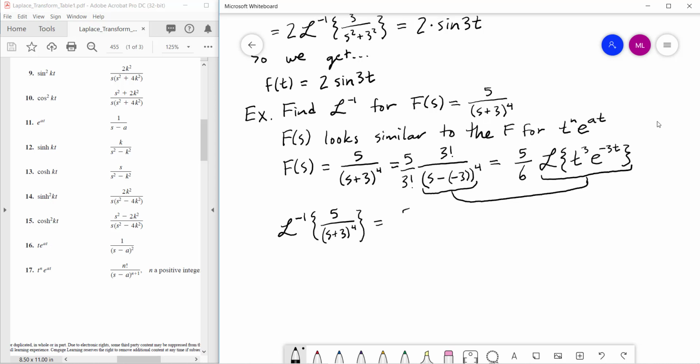That's the same as, we can pull the 5/6 out in front again, and we want the inverse Laplace transform of our 3 factorial over s minus negative 3 raised to the fourth power, which we just said, based on this relationship, if I take the Laplace transform of this and I get this, then that means when I take the inverse Laplace transform of this, I should get this. And that's what we're going to get. So 5/6 times t cubed e to the negative 3t. So there's what that result looks like.